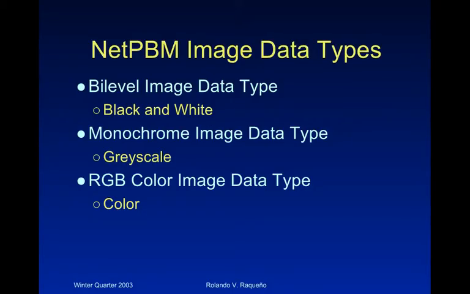So NetPBM is divided into two major categories, each category having three types. NetPBM will accept a bi-level image data type, which is black and white, then monochrome, which is grayscale, and also RGB, which everybody is familiar with.